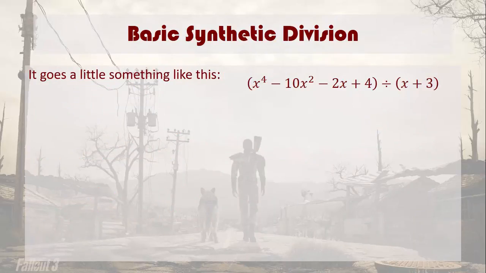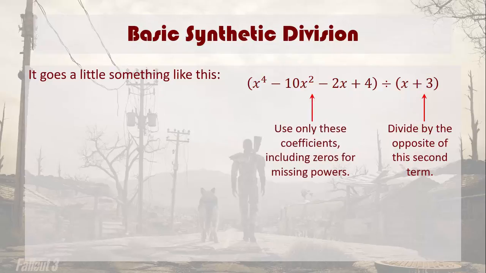So basic synthetic division goes a little bit like this. First, you're going to draw this box. I have to tell you that you're supposed to divide by the opposite of the second term in the binomial. So if it's x plus 3, you are going to synthetically divide by negative 3.